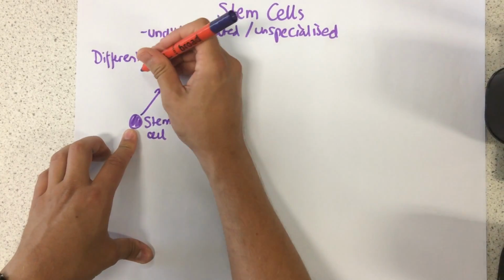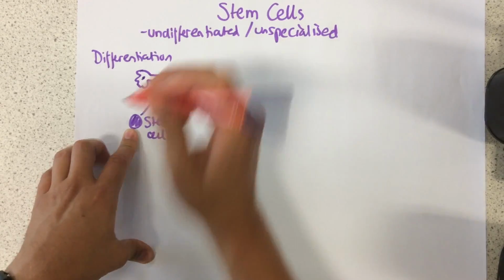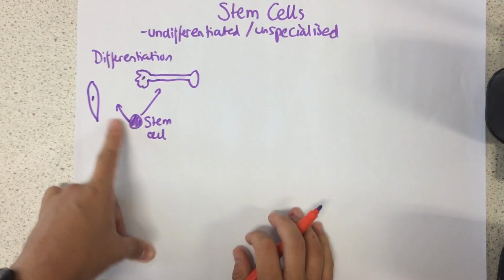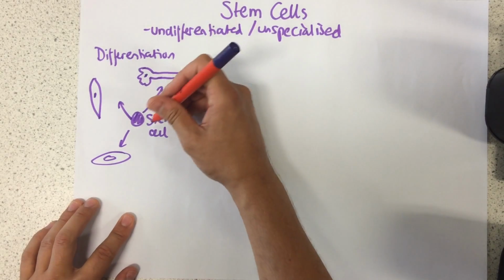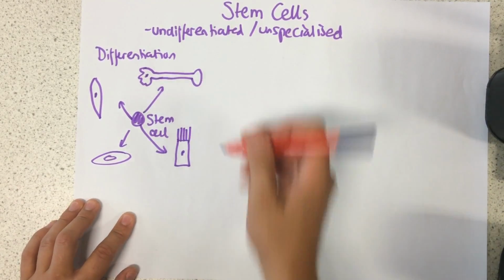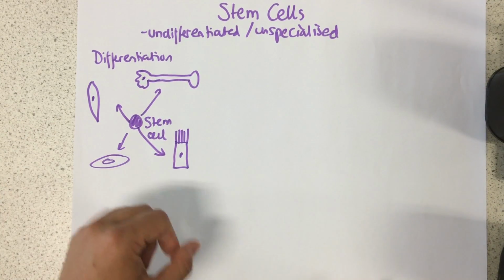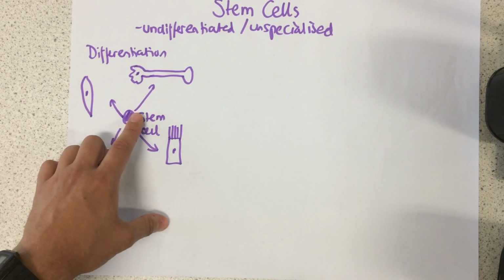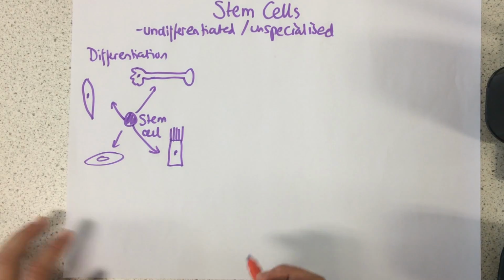So for example, it could become a neuron in order to carry electrical signals. It could become some cardiac muscle in the heart. It could become a red blood cell, or it could, for example, become a ciliated cell. So there's lots and lots of different types of specialized cell in the body, and they all have particular jobs. The stem cell is the undifferentiated, unspecialized version that we get at the beginning.